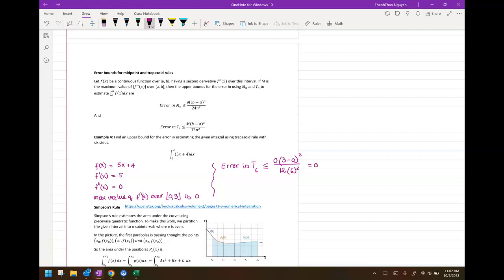So this is saying that if we are using the trapezoid rule to calculate the area under the curve in that given interval with 6 steps, then there's no error. The estimation will be equal to the exact value of that integral. It makes sense though in this case because f of x is a linear equation. So the graph of f of x looks kind of like this, right?